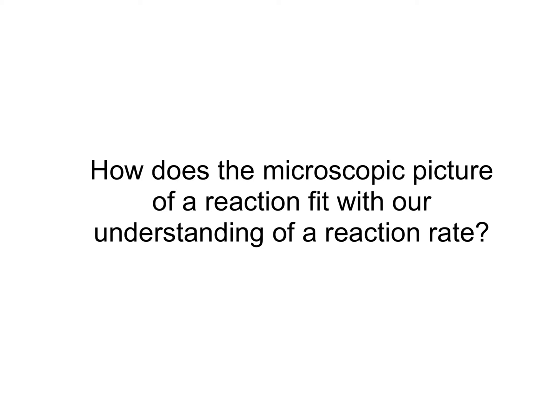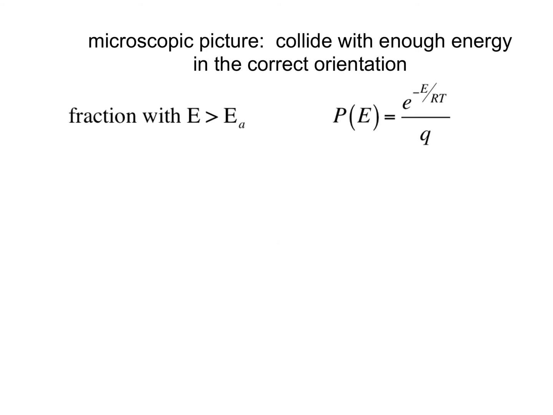In general, we want to model things from first principles because we want to understand the mathematical form that we obtain experimentally. Remember that our microscopic picture requires that the molecules collide with enough energy and in the correct orientation. Let's start with the enough energy part of this.